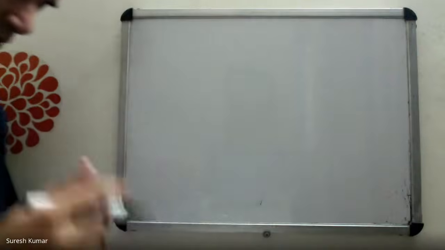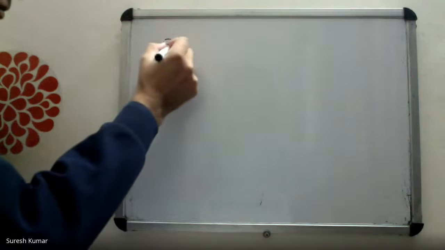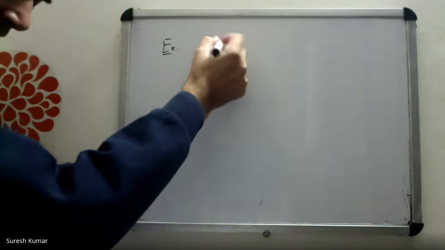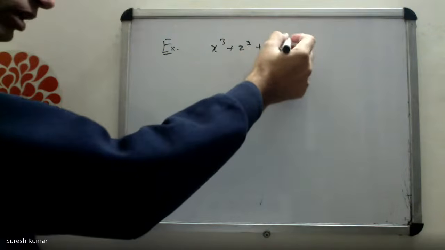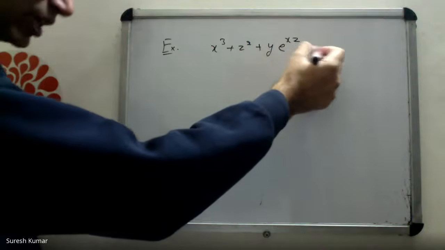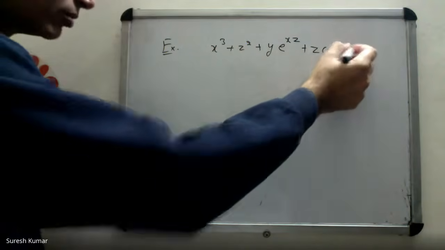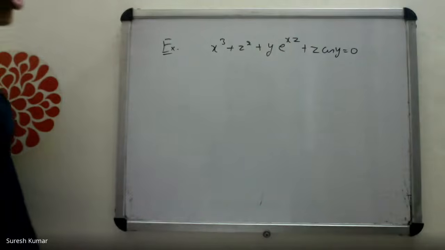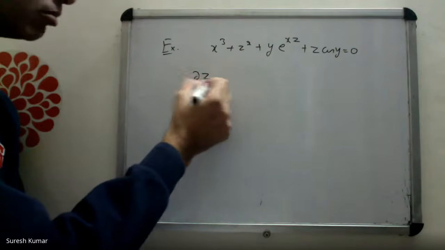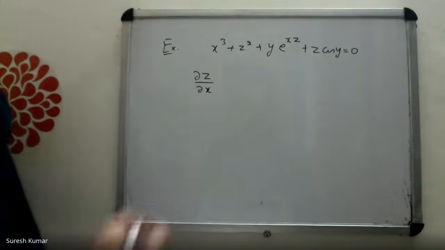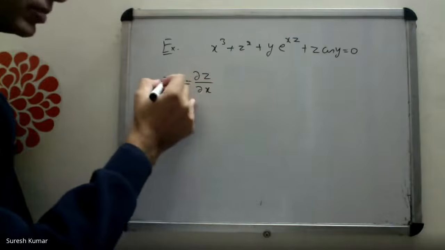Let me write one more problem on this. x cube plus z square plus y e power xz plus z times cos y equal to 0. This is an implicit relation in x, y, z. From this, find partial z over partial x, or you can say zx.